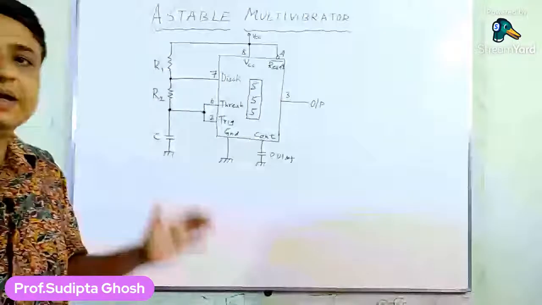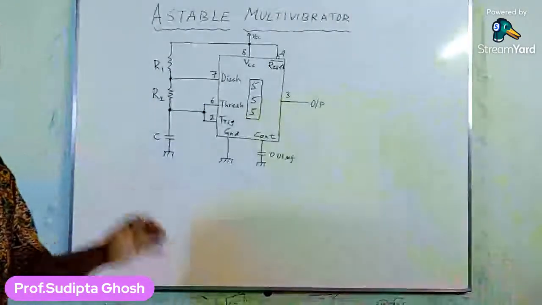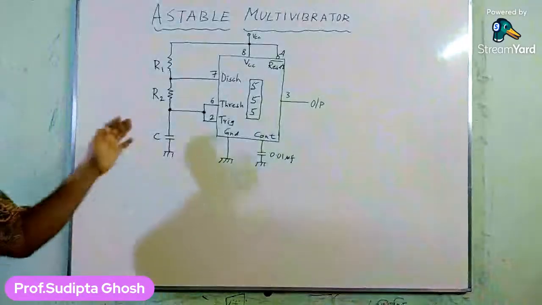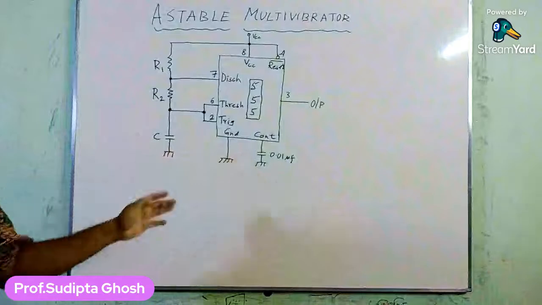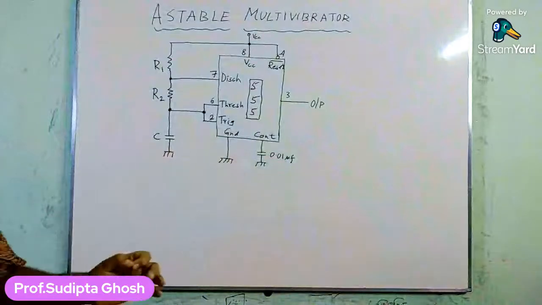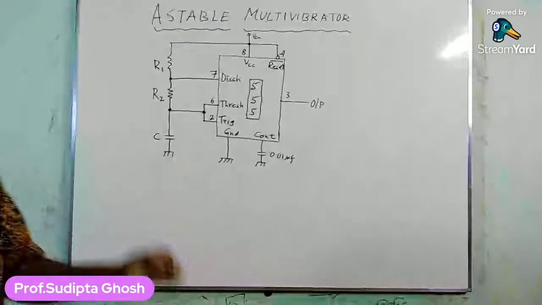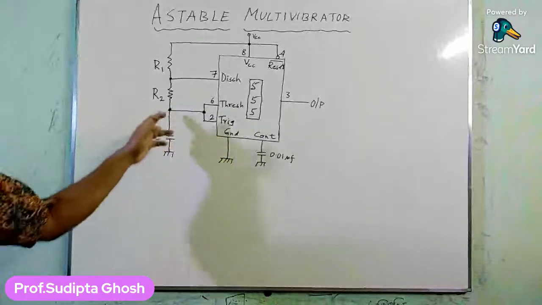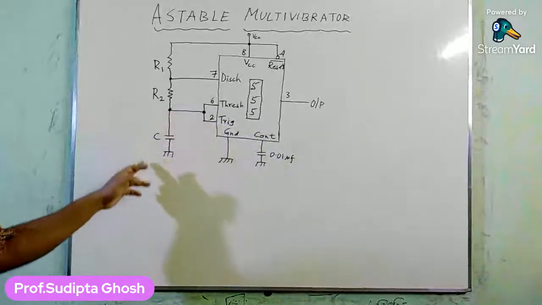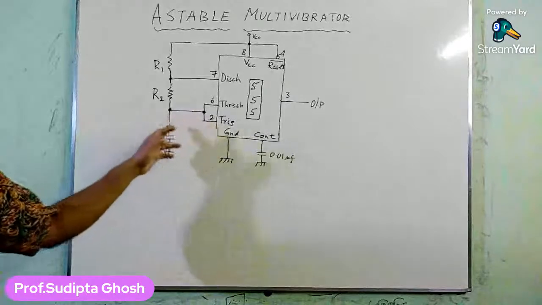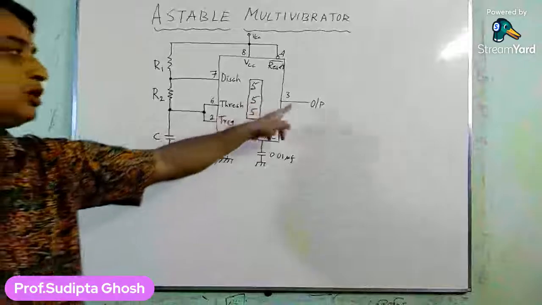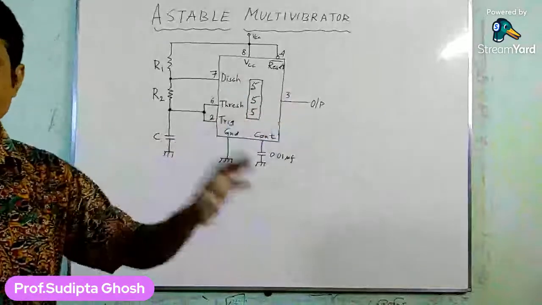Whenever the circuit is switched on, whenever the power supply is on, the capacitor is connected to ground, and that makes the trigger input go below the value of 1/3 VCC. That will make the output of the 555 timer go high.